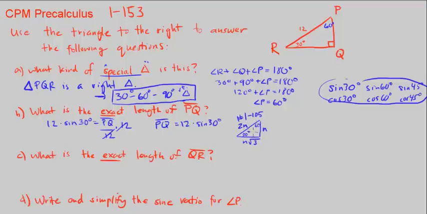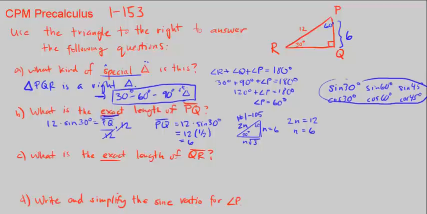What you get then is if PR is 12, 2n is equal to 12, then divide both sides by 2, you get n is equal to 6. So this side length is 6, so PQ is equal to 6 units. Or if we memorize that sine of 30 degrees is 1/2, then 12 times 1/2 is 6.